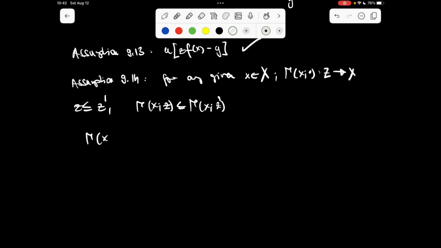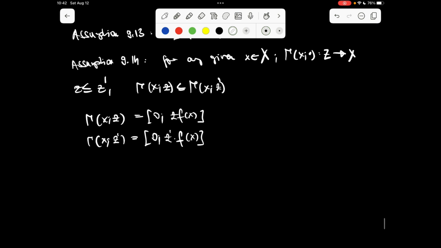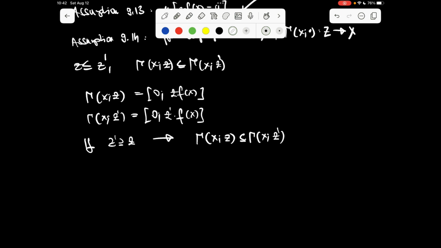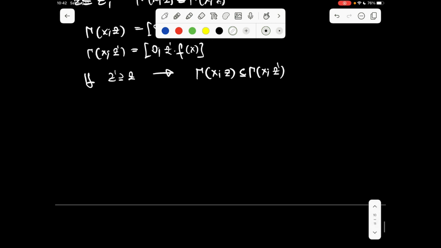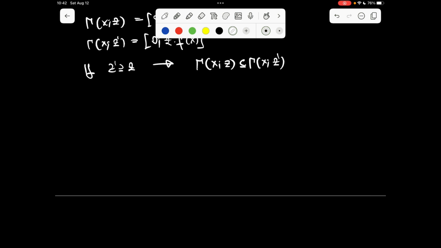Given the fact that it's pretty easy to describe the correspondence in our case, it's no big deal to realize that if z prime is equal to or higher than z, then the correspondence is really a subset of the correspondence at the higher shock. So assumption 9.14 holds.